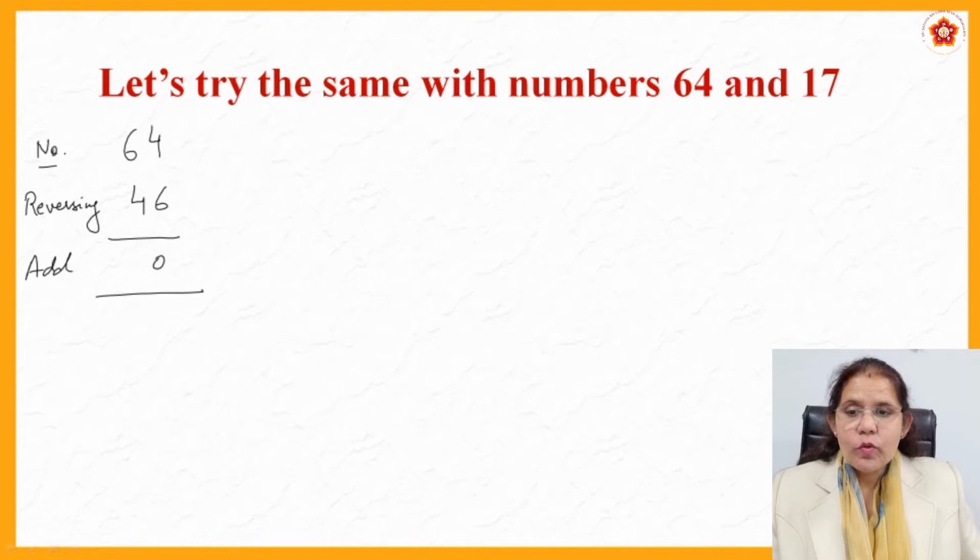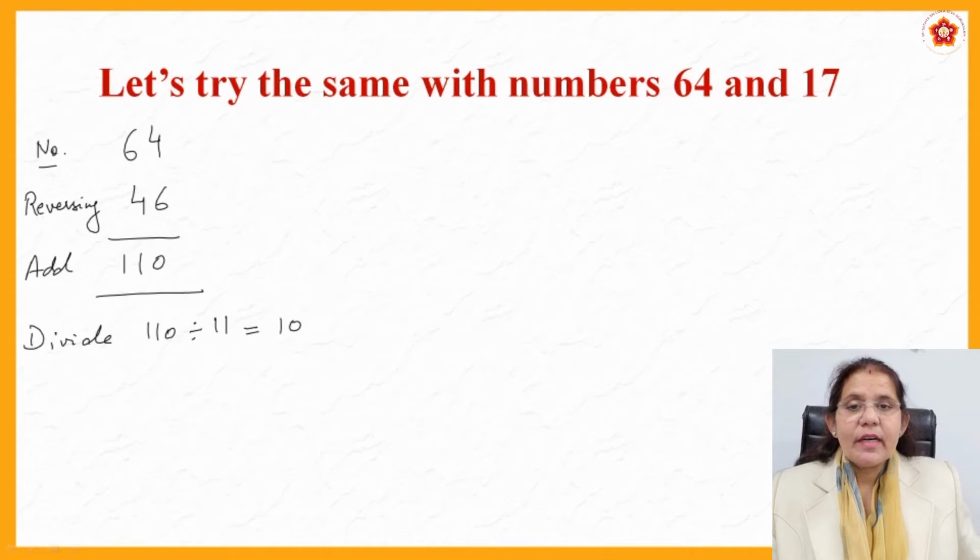When you add these two, we get 110. Next step was divide the sum by 11. So when we divide it by 11, we get 10. And what is the remainder here? Remainder is 0.